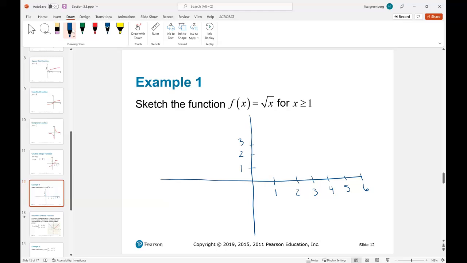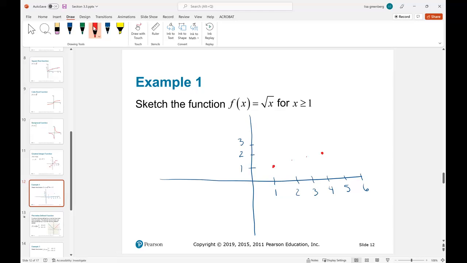So let's sketch the graph for x greater than or equal to 1. When x is 1, the square root of 1 is 1. I don't really want to figure out the square root of 2 or 3, even though I know about 1.4 is the square root of 2 and 1.7 approximately is the square root of 3. Those are just hard to graph. But we do know the square root of 4 is 2, so that's the easy one.